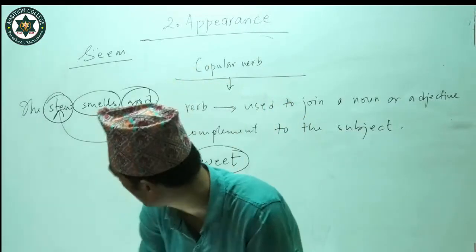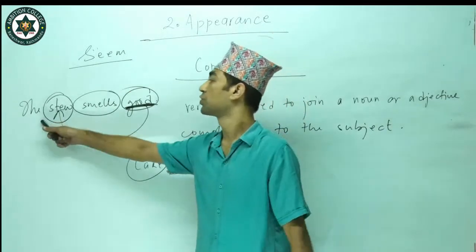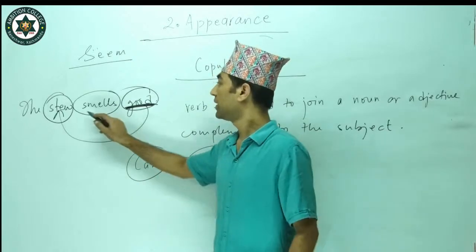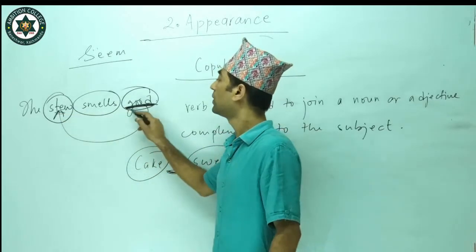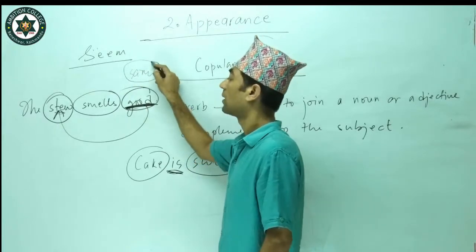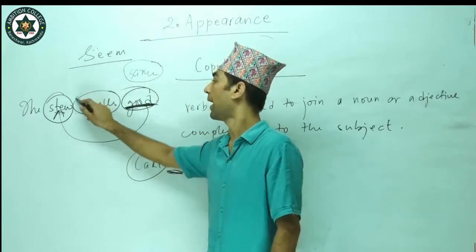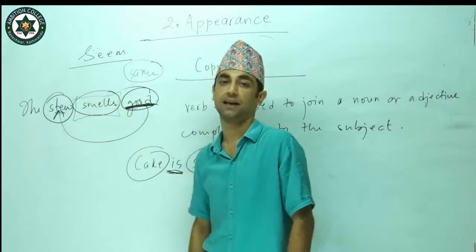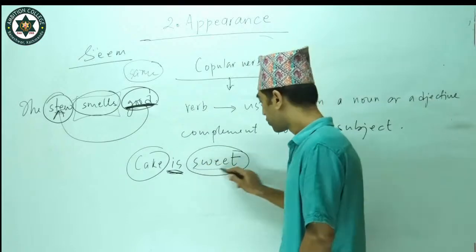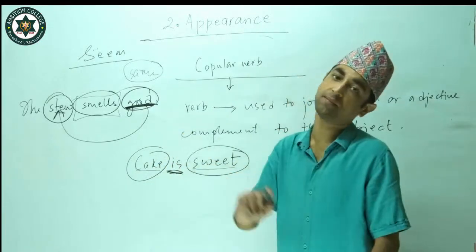For example, if I say the stew smells good, here stew and good are the same thing. Now this is joined by the word smell. If I say cake is sweet, the sweet and cake are the same thing.